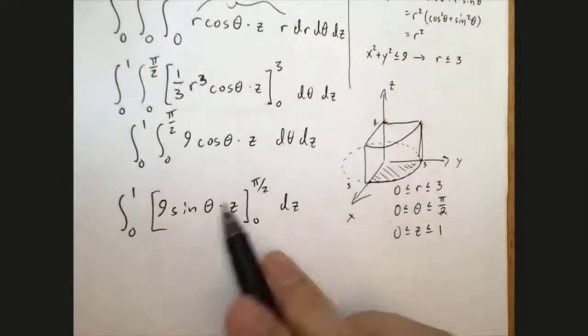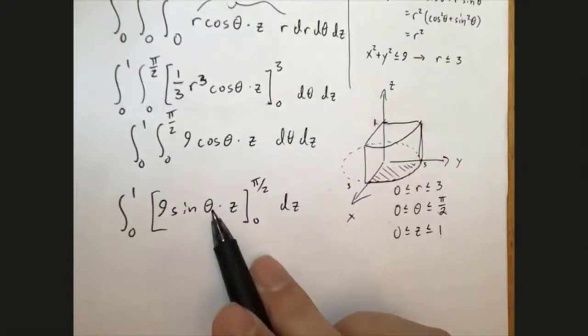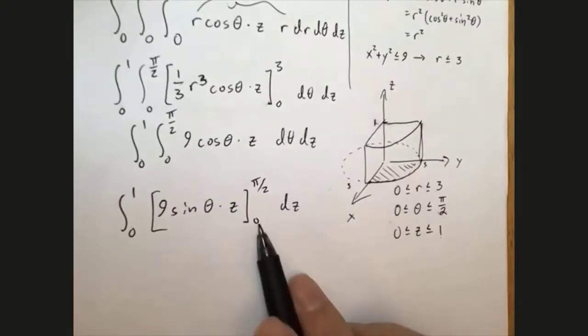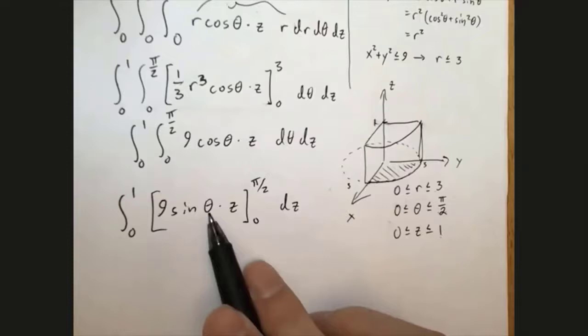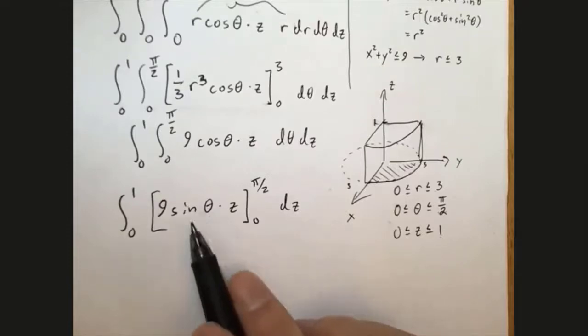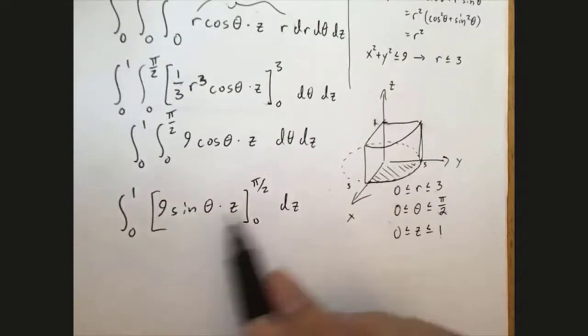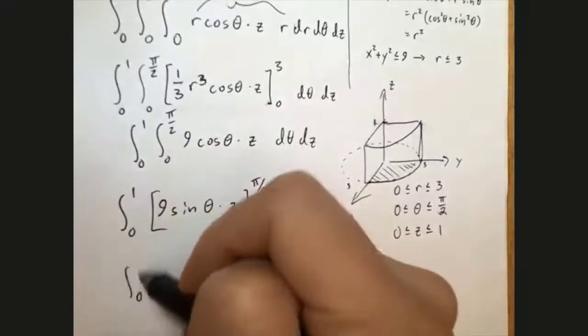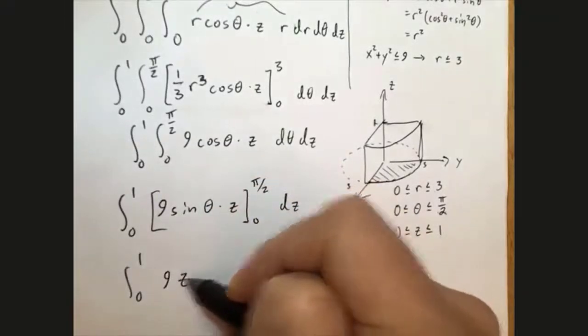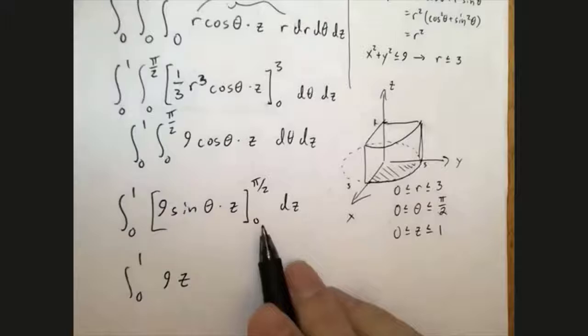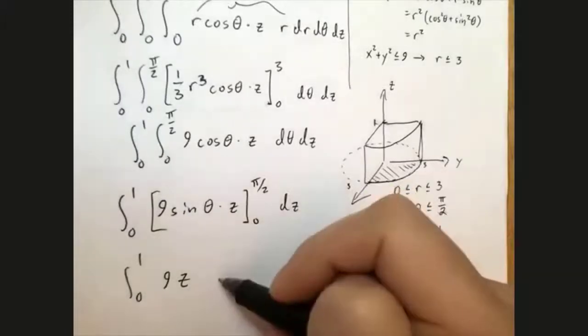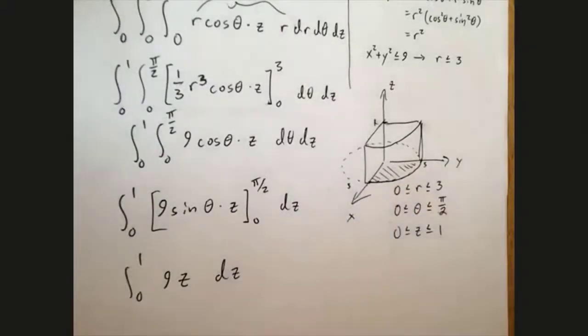When theta is pi over 2, sine of pi over 2 is 1. When theta is 0, sine of 0 is 0. So I take what I get when I plug in 1 and subtract 0. So I just get 9z.